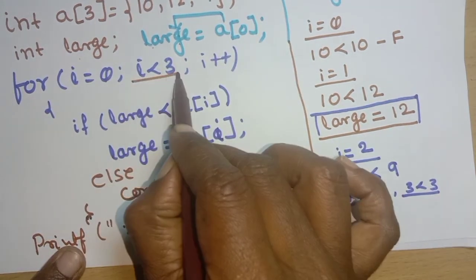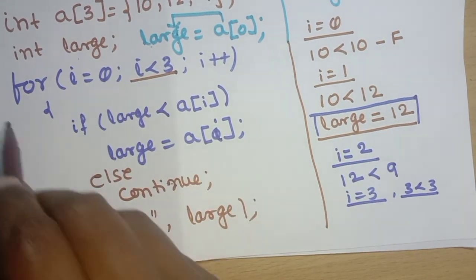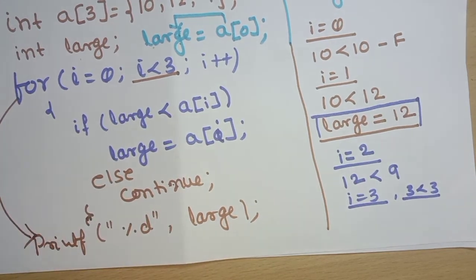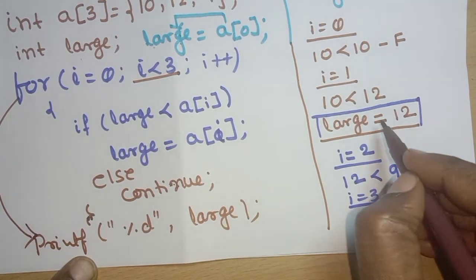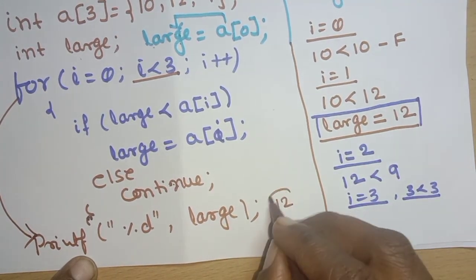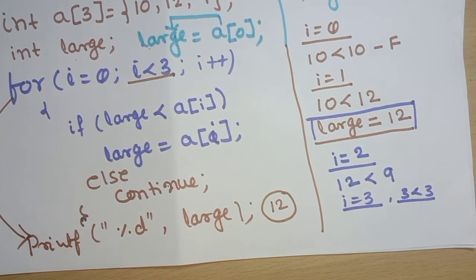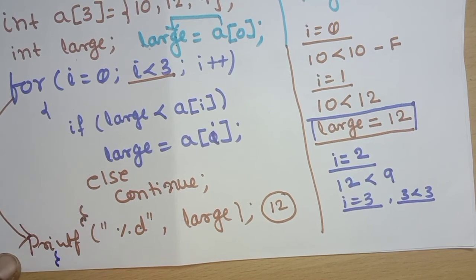What is going to execute is this printf. Here you wrote percentage d, large. What is the value present in large? 12 is present in large, so 12 is going to print. And finally the program ends.